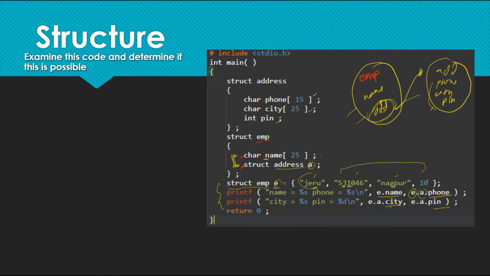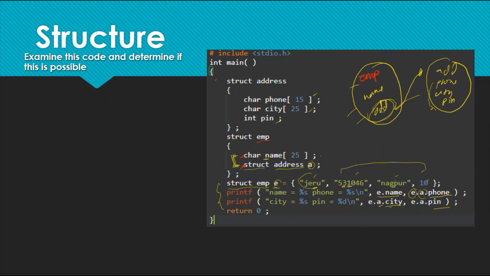It's implying that there could be a structure inside a structure, and it could be addressed using these two dots, wherein the first is the outer structure, and after the next dot is the inner structure, which we declared in the structure itself as the a variable. And then afterwards we can access its component inside the structure, which is inside our first structure.